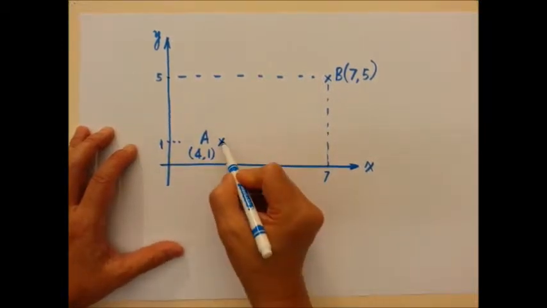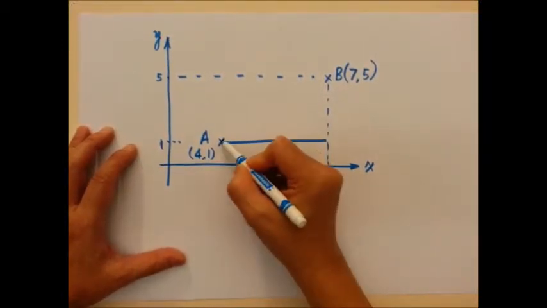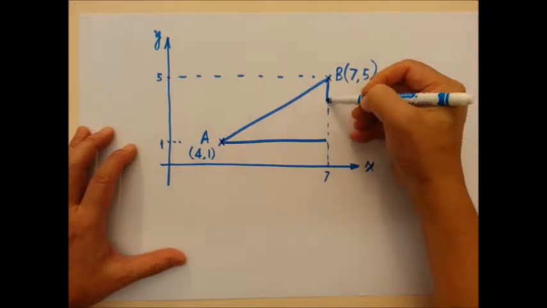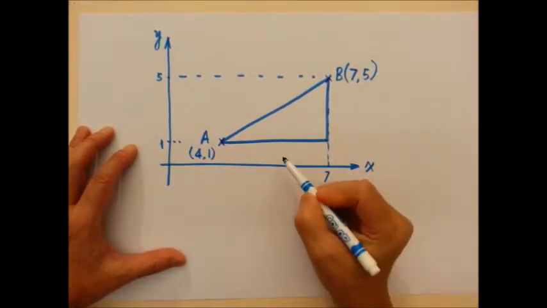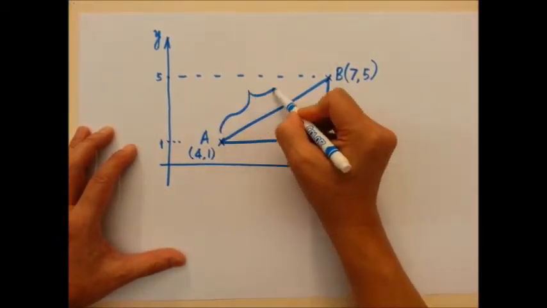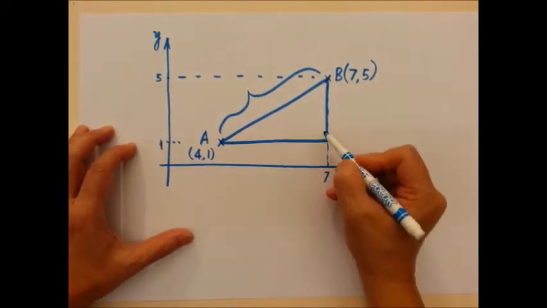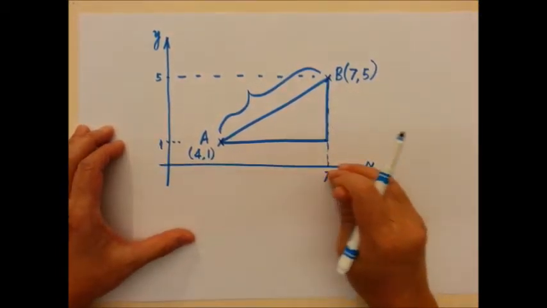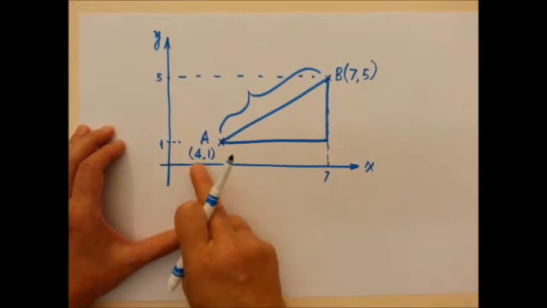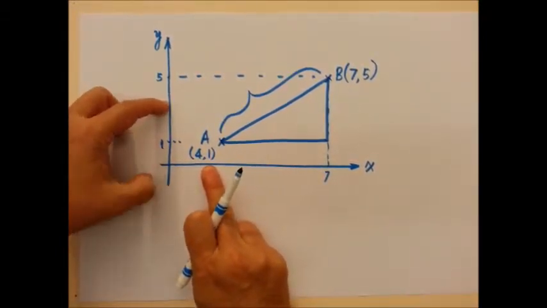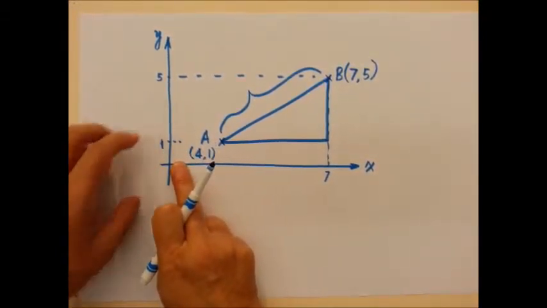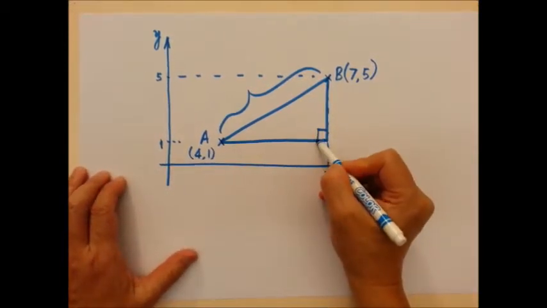So we know that we can draw a triangle like this, and we want to find the distance between A and B. Now, because it is a rectangular plane, that means the x-axis and y-axis intersect at a right angle. So here's also a right angle.